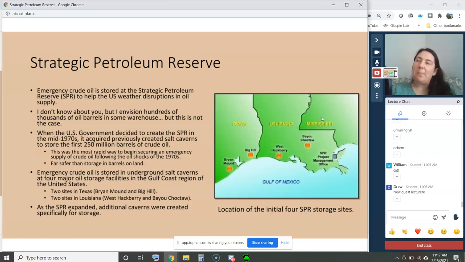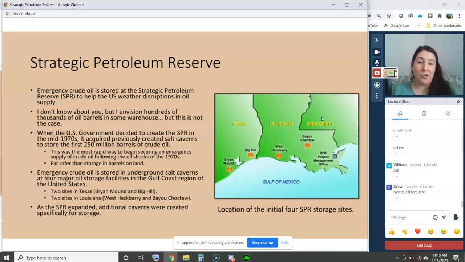And I don't know about you, but when I used to think about the Strategic Petroleum Reserve, I would think about hundreds of thousands of barrels of oil, like stored in some warehouse in the desert. But this is not actually the case. And so when the US government decided to create the SPR in the mid-1970s, it acquired previously created salt caverns, which were evacuated salt domes, to store the first 250 million barrels of crude oil.